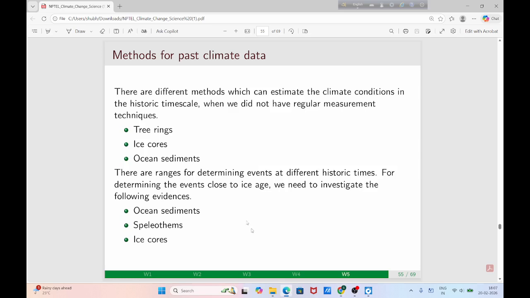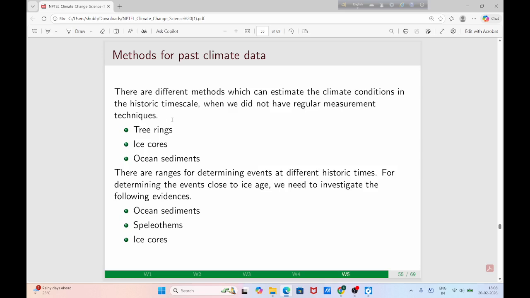fine. So there are different methods for the paleoclimate determining the events in the history. So, of course, we have well-maintained records after the discovery of different instruments. For example, after the discovery of the thermometer, we can easily determine the temperature, and we also have well-maintained records of the temperatures.